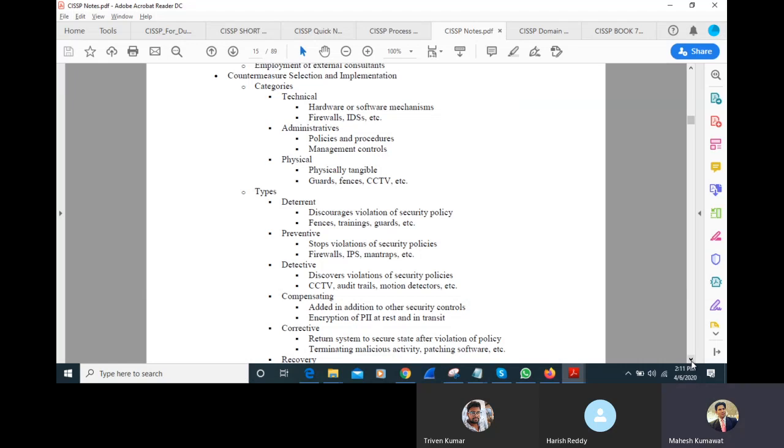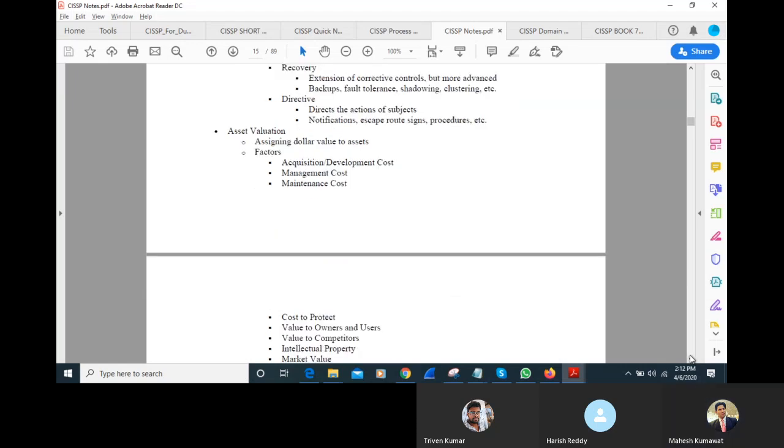Compensating controls are added in addition to other security controls. And we have corrective controls. Asset valuation is assigning a monetary value to assets.